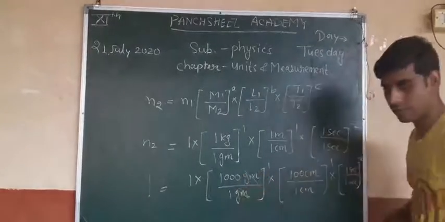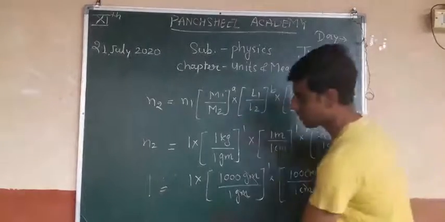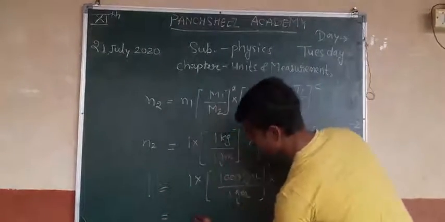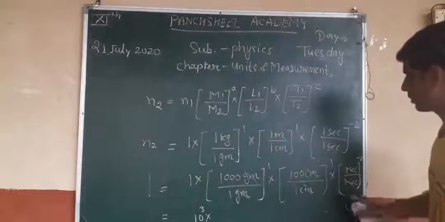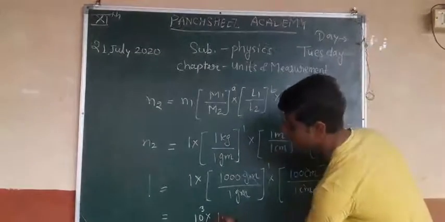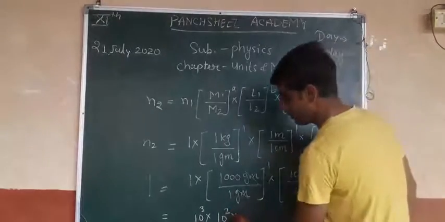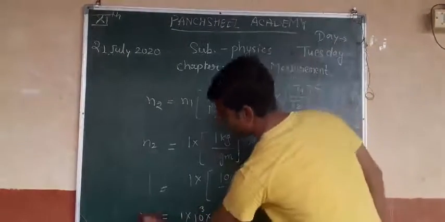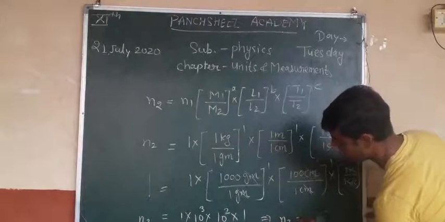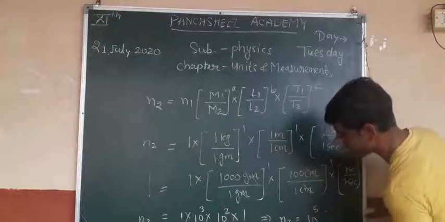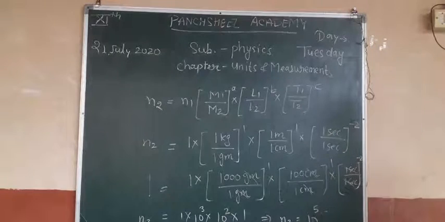Gram cancels gram, centimeter cancels, 1 second cancels. So here we get 10 to the power 3 into 10 to the power 2. Okay, and this will get value is 1. So N2 equal to what? N2 equal to 10 to the power 5.